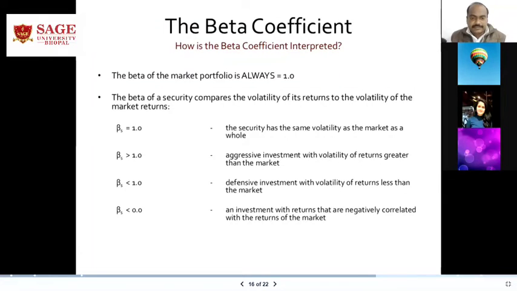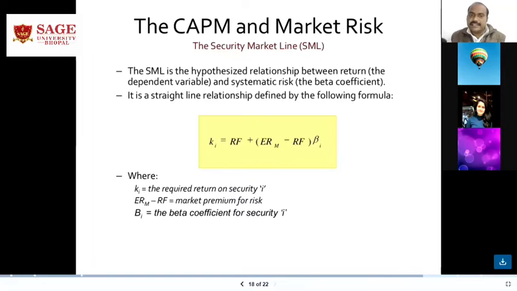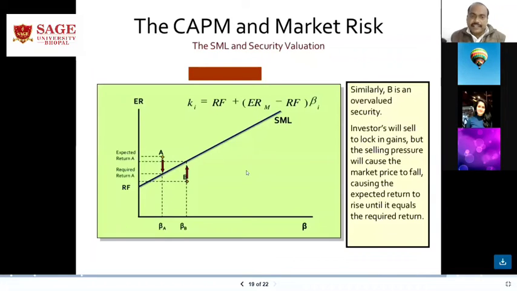And next one is, in this model itself, we have to understand the security market line. One is capital market line and the other one is security market line. So what is the security market line? Here we will be understanding. Can you see SML here? Yes, sir.